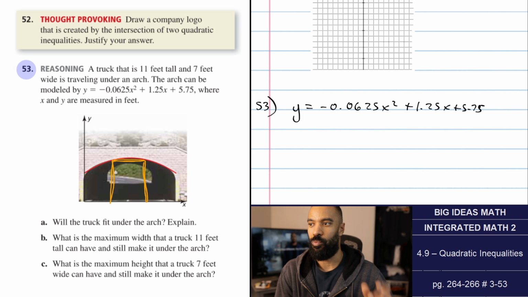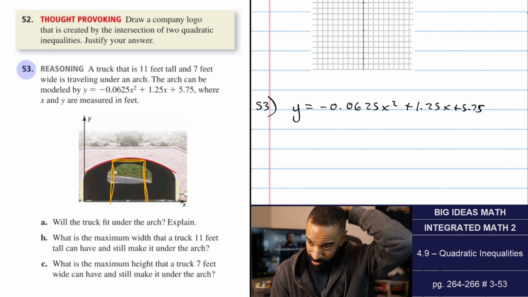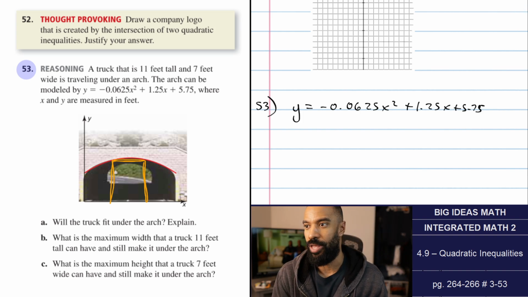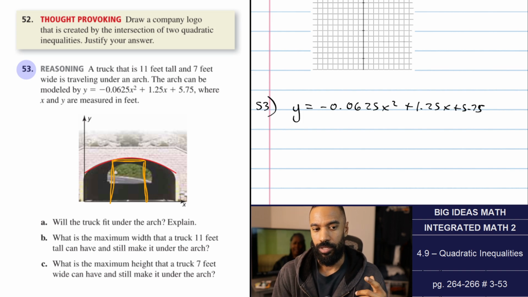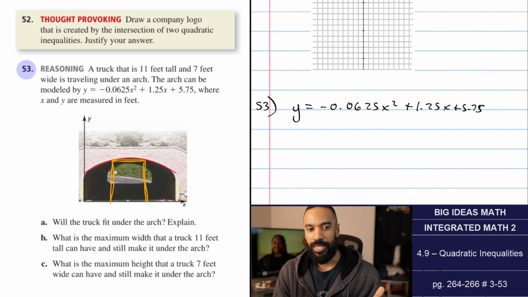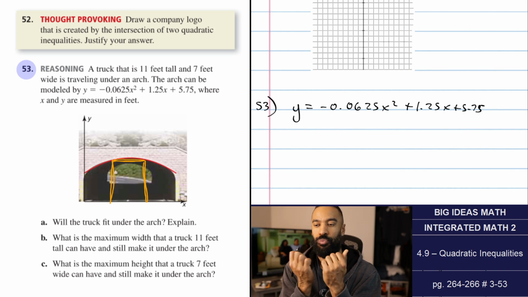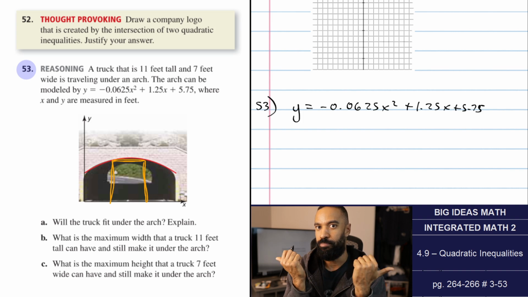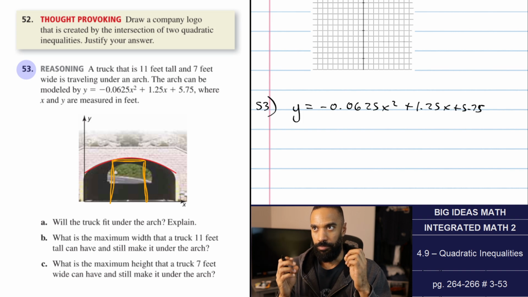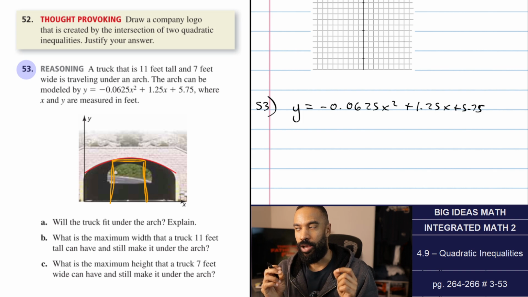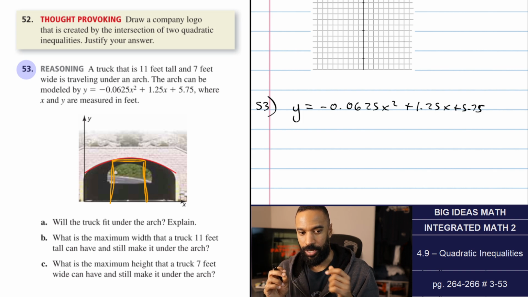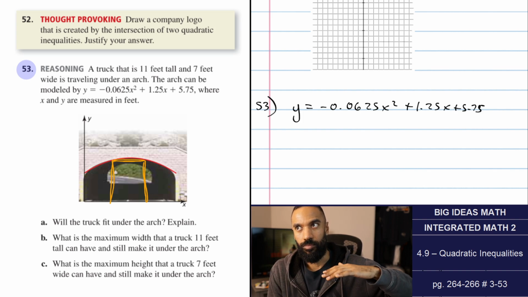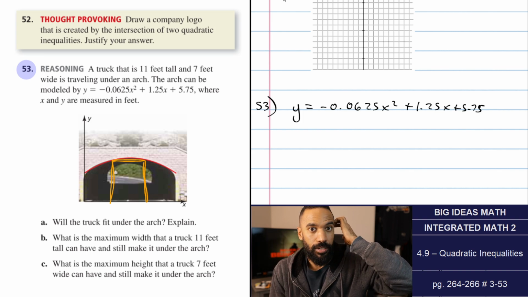So as far as what we're concerned on, and I don't know how much I'm supposed to do by hand versus by graphing calculator, and I probably want to use graphing calculator more. But let's figure out where the x value of the vertex is. We'll go 3.5 both ways there and figure out if that point of intersection is above 11 or not.